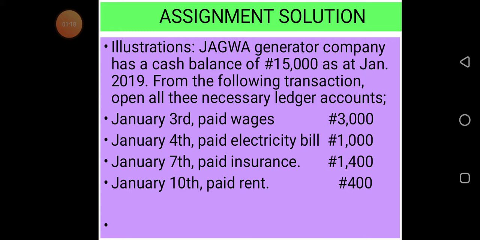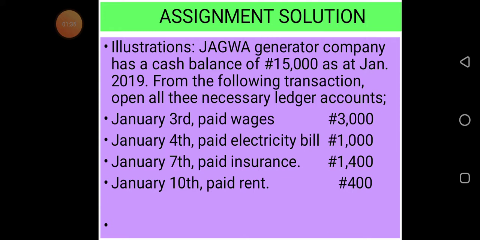That means for every transaction you make, the posting will be on both sides. That's why we have the popular saying that for every debit entry, there must be a corresponding credit entry.